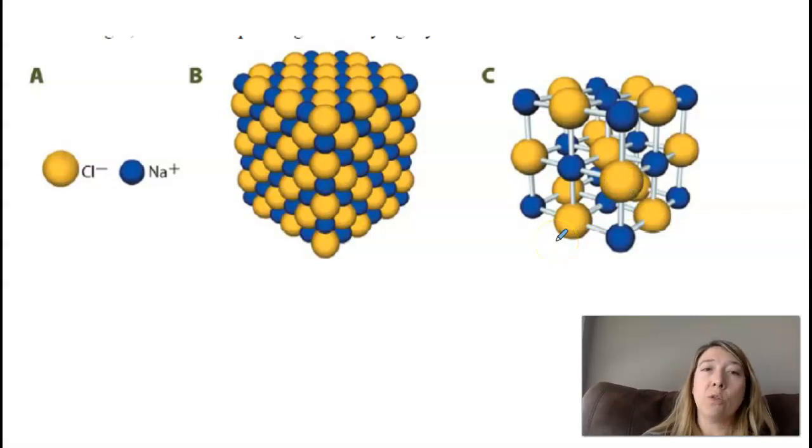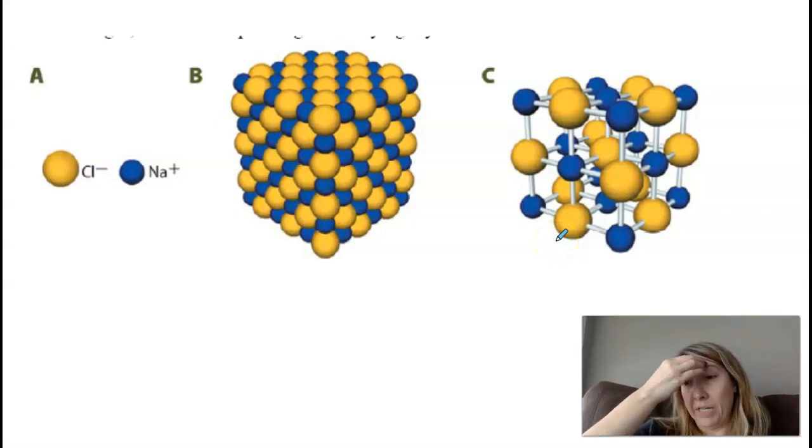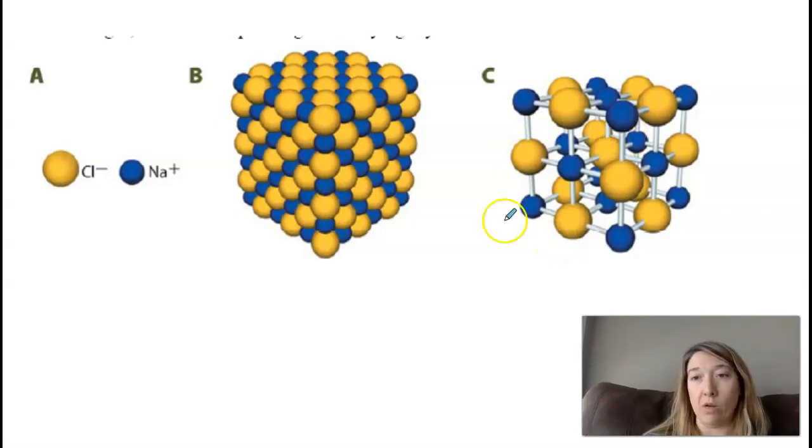So you're never going to be asked to draw an ionic compound because obviously there's a lot of stuff going on in here. But we would definitely give you pictures and ask you which one could be the correct representation, right? And really the biggest thing we're looking for is to make sure that our charges are properly aligned and we don't have positives next to positives or negatives next to negatives.